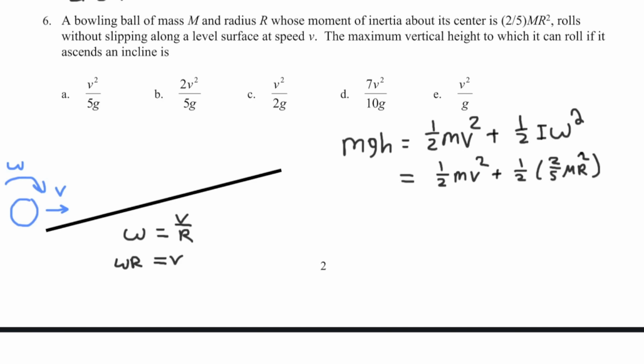So instead of omega squared, I'm going to write this as v squared over r squared. And notice the r's cancel. And then after cleaning up some things like canceling the mass from all the terms, we get gh equals 1/2 v squared plus 1/5 v squared.